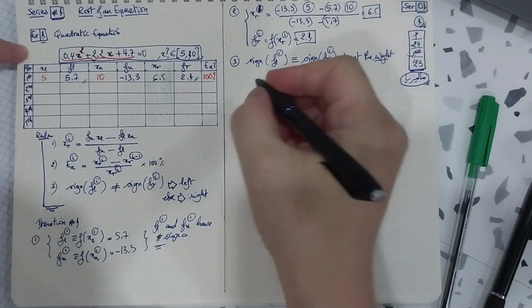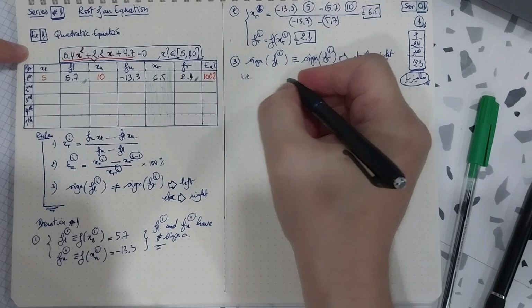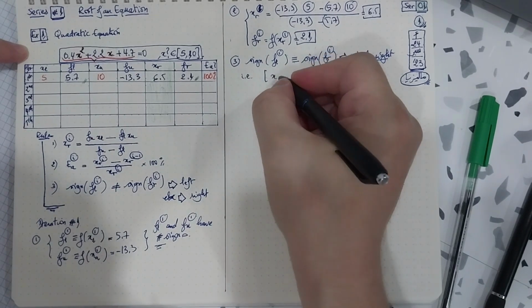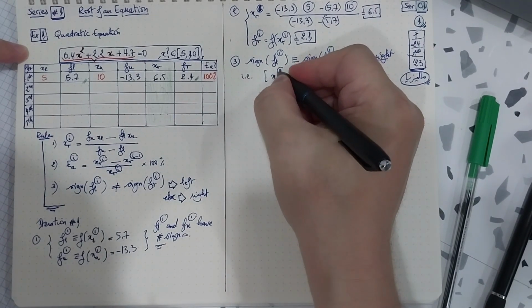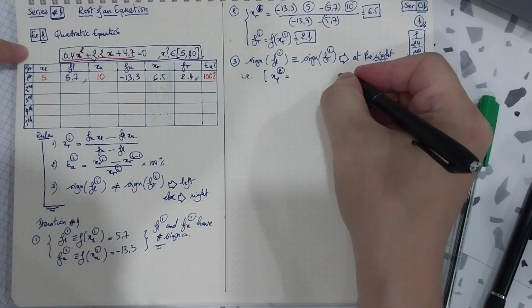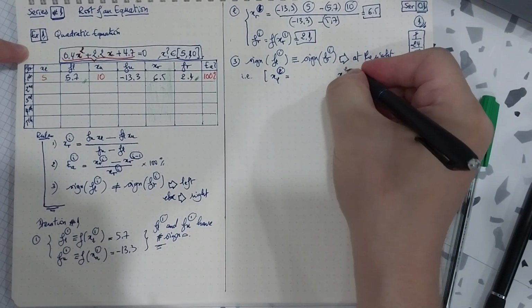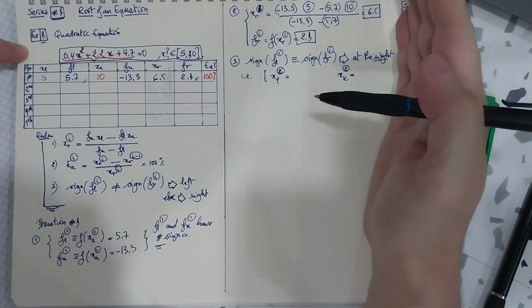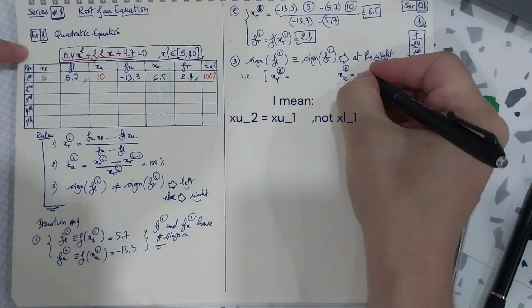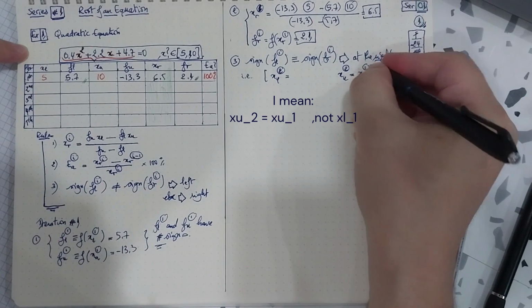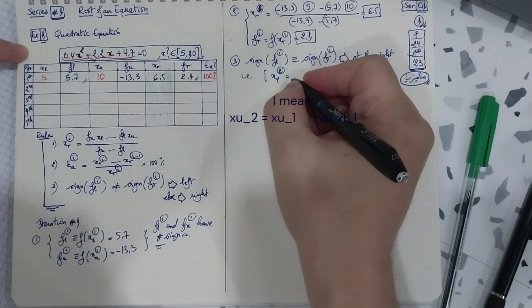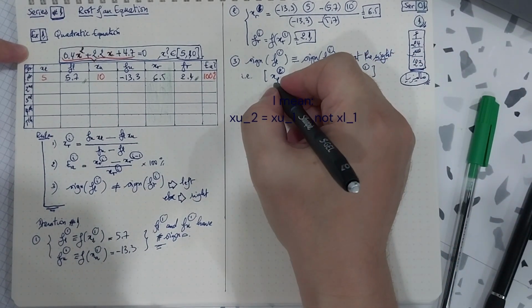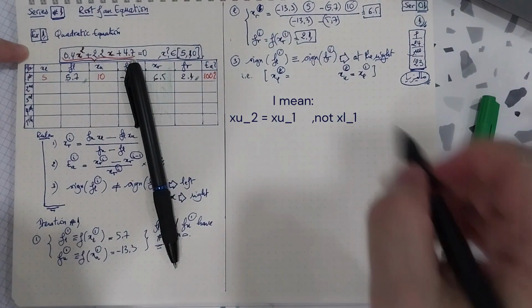So at the right means that for the next interval, XL2, the upper bound of the interval of the next iteration will not change, so the same as the current. But the lower bound will take the value of XR1.